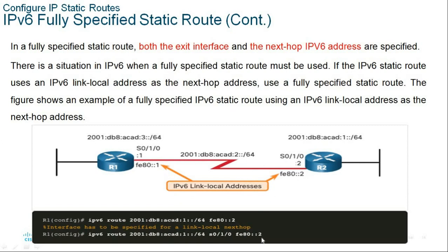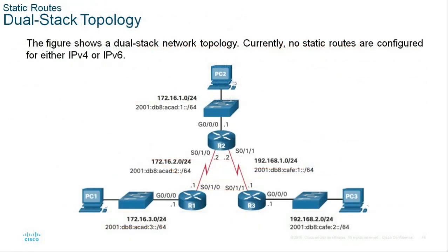So I am repeating: you can use either the interface address or the interface link local address as the next hop. Any one you can use. If you use either one, it is correct, so there is no issue at all. So the communication is successful. That's all about the fully specified static route.